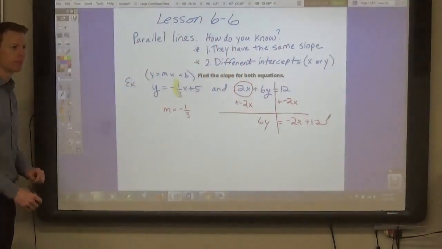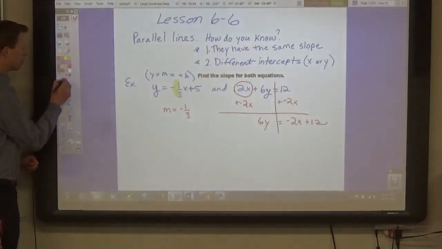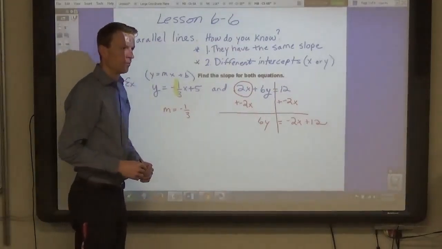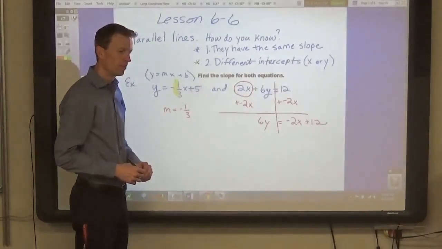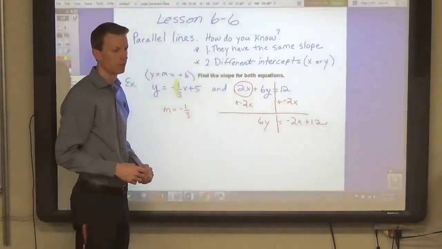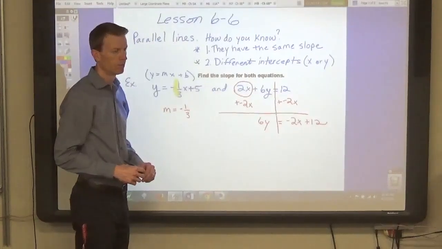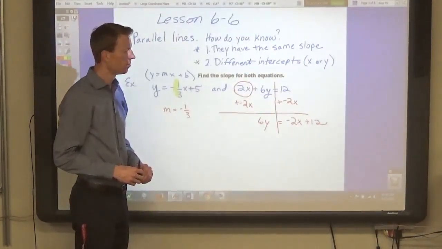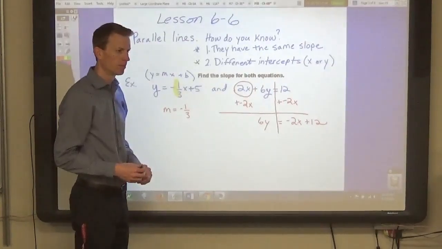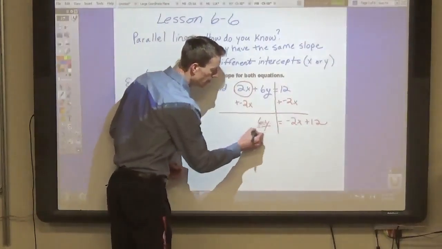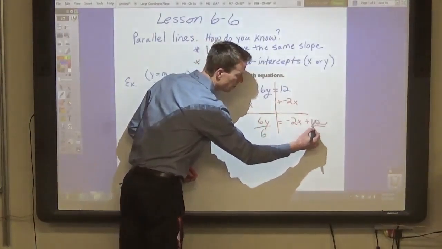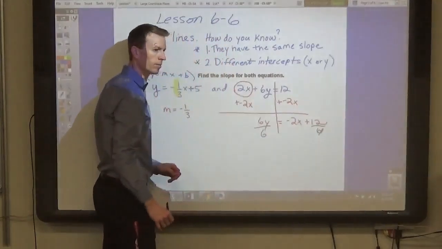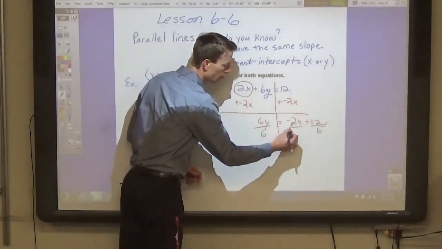Then what? Bailey? Now you divide 6y by 6, and on the other side you divide 12 by 6. You also have to divide negative 2x.